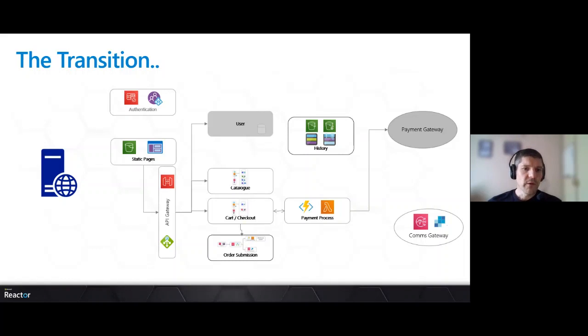We can have multiple versions of the API running concurrently at the same time. And this gives us the ability to deploy when we want to, and then simply route the traffic from the old version to the new version.